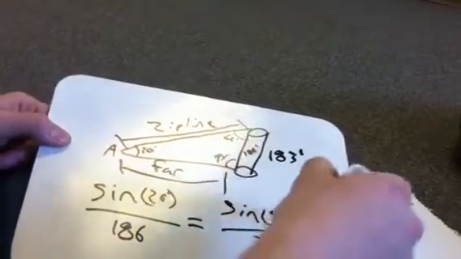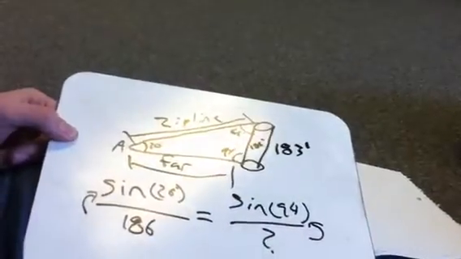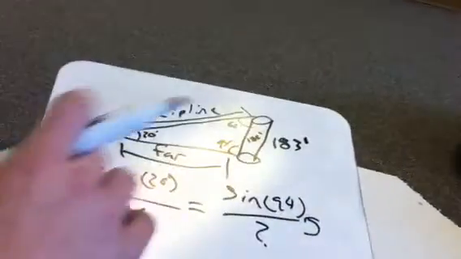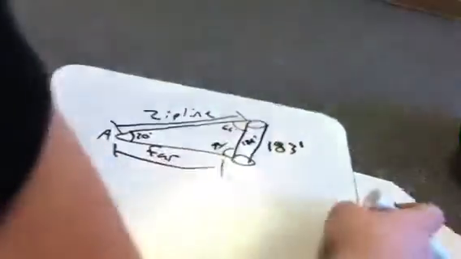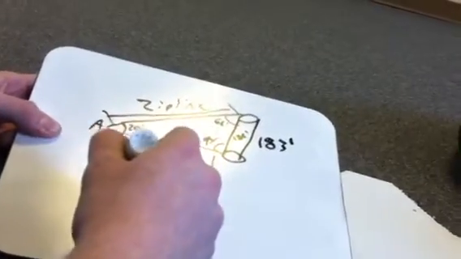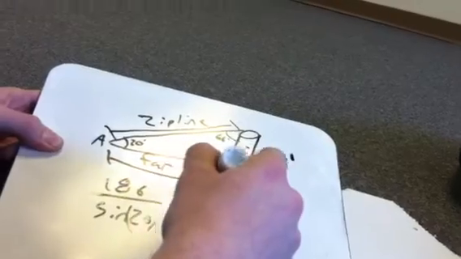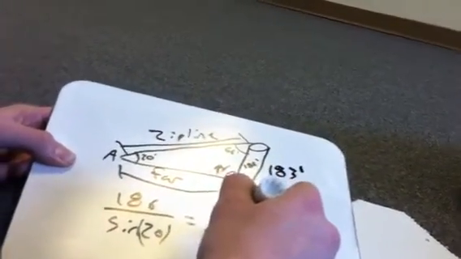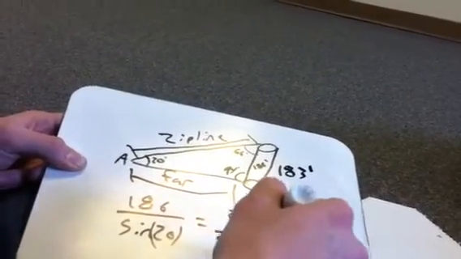And you would flip it, and you would get 186 over sine of 20 is equal to how far the zip line is over sine of 94.